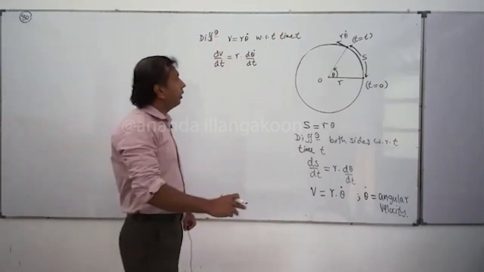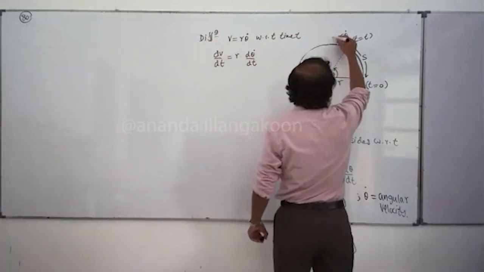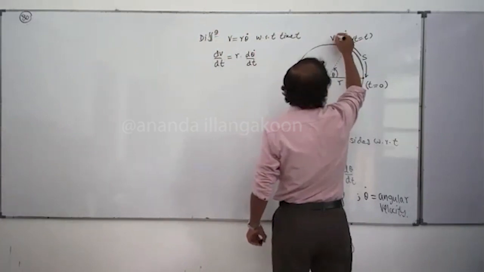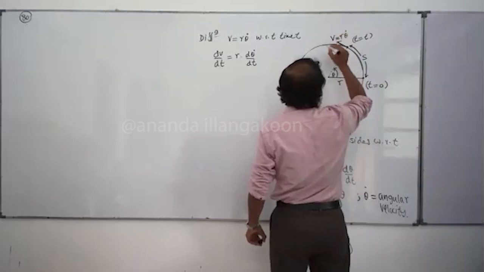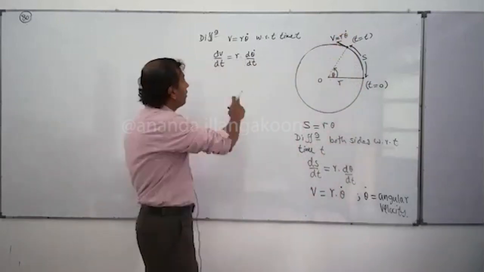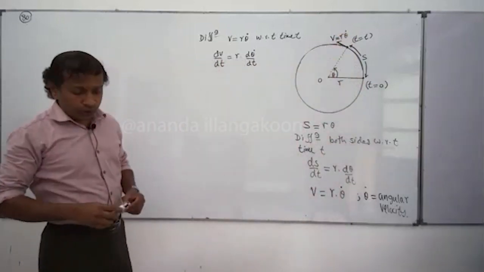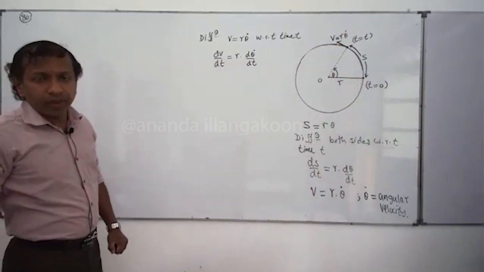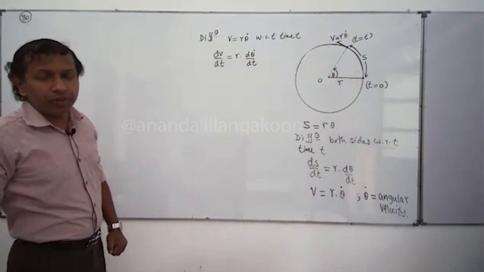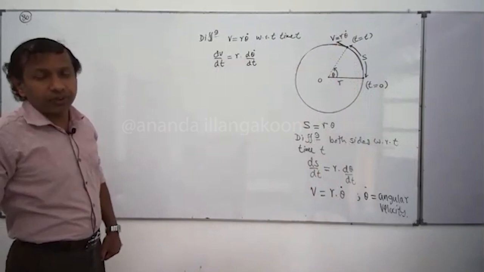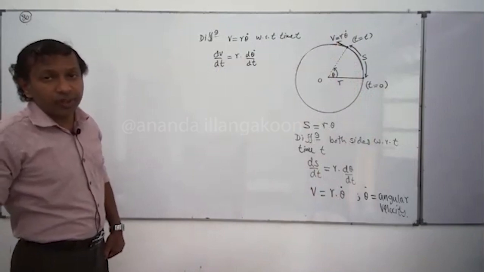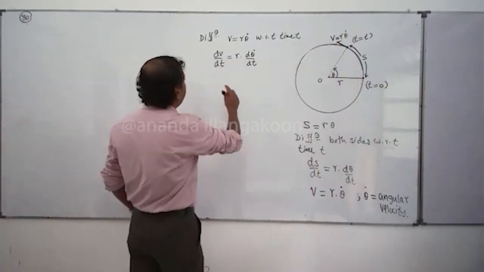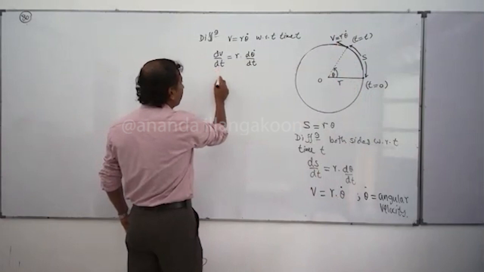Here v means the tangential velocity. Then dv by dt is the rate of change of tangential velocity. Rate of change of velocity means acceleration. So this dv by dt means tangential acceleration.